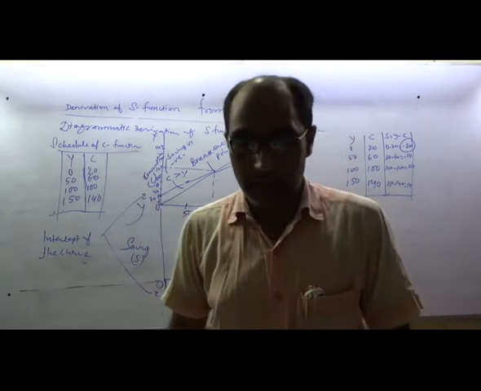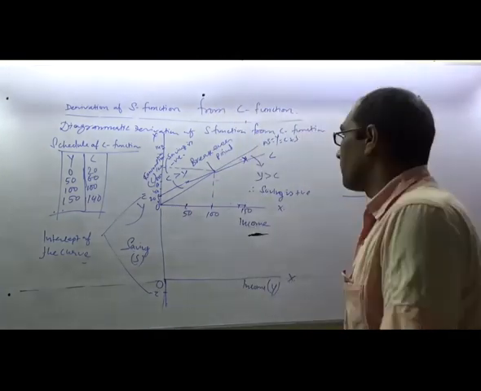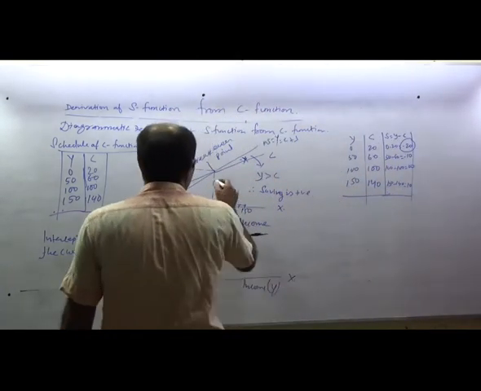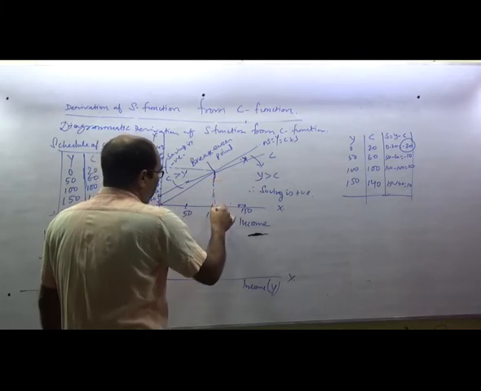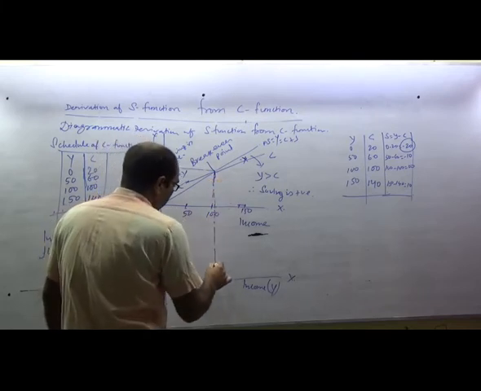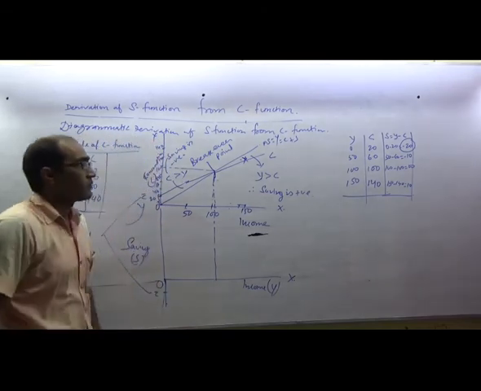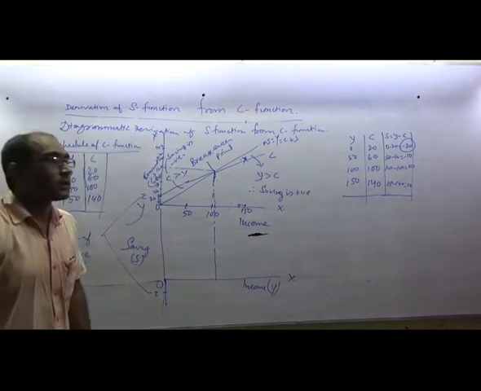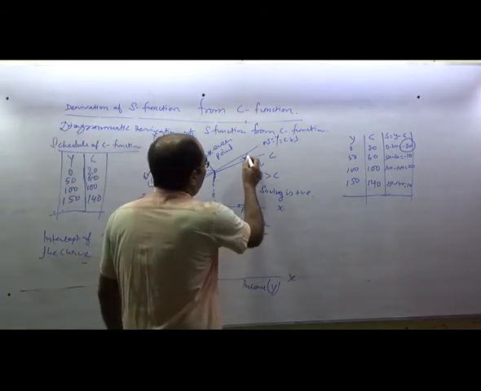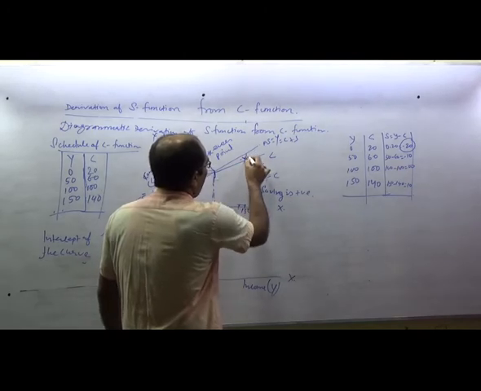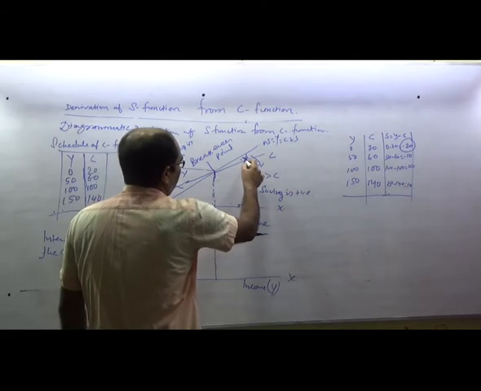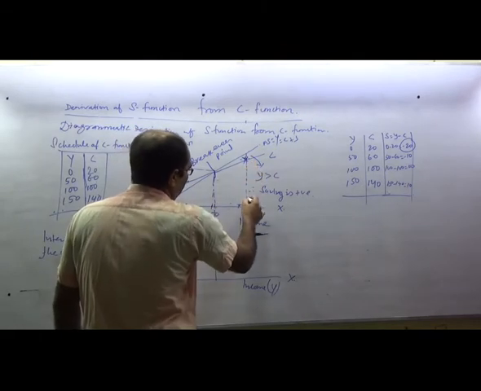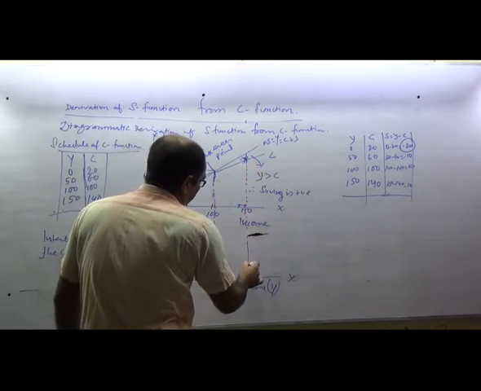Second point, you have to consider the break-even point. From the break-even, draw a perpendicular. And the third point, measure the gap and draw a dotted line.